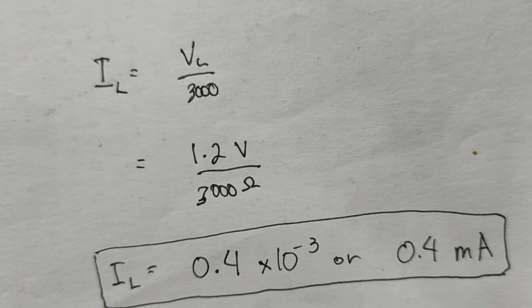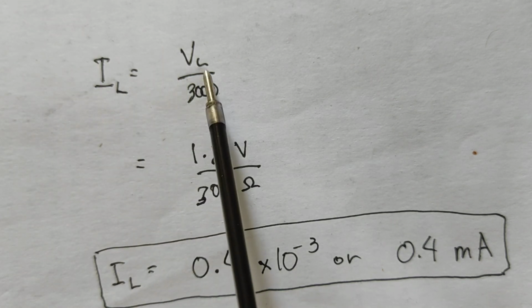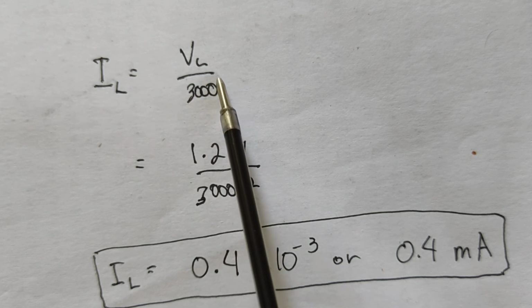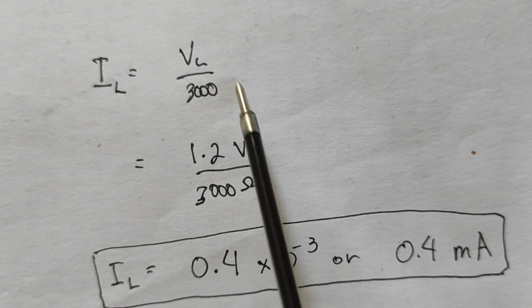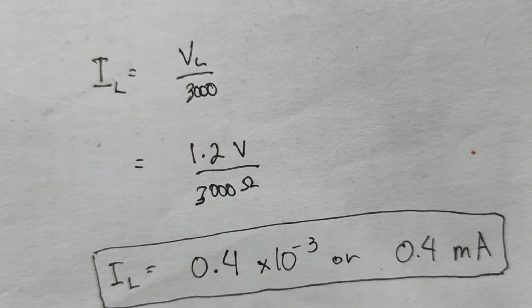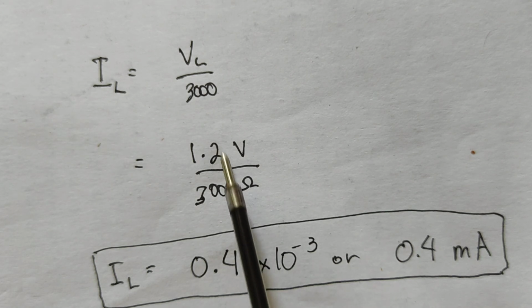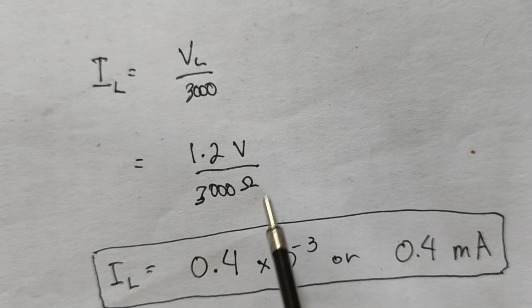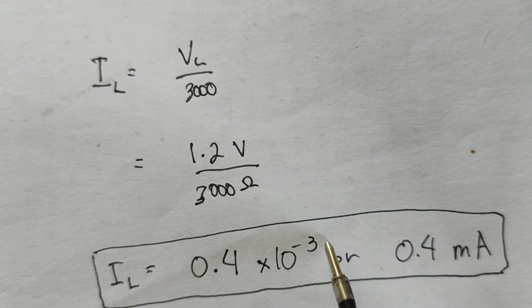Going back to the equation, IL is equal to VL over 3000, because this is the current that goes through this resistance. Substituting VL of 1.2 volts over 3000 ohms, it would give us 0.4 times 10 raised to negative 3 amperes, or 0.4 milliamps. So thank you.